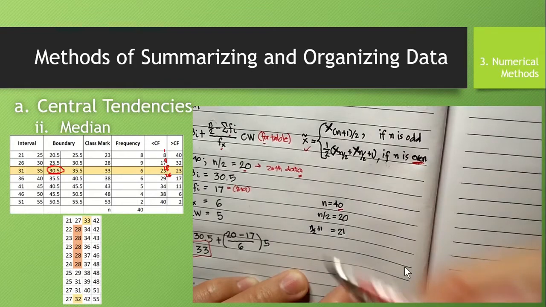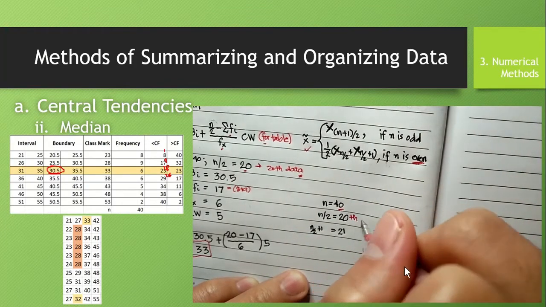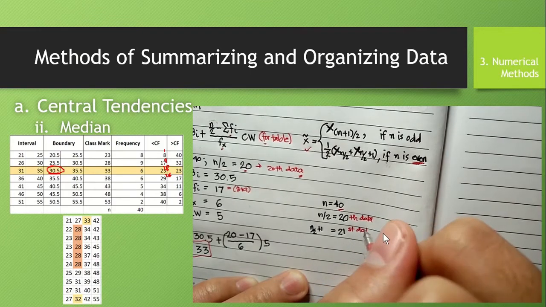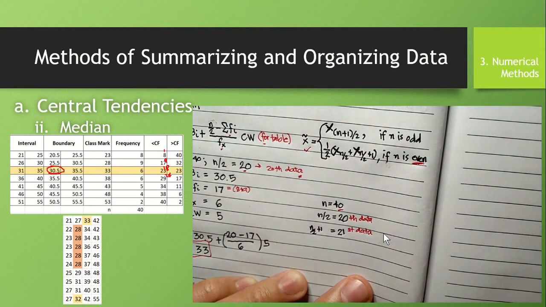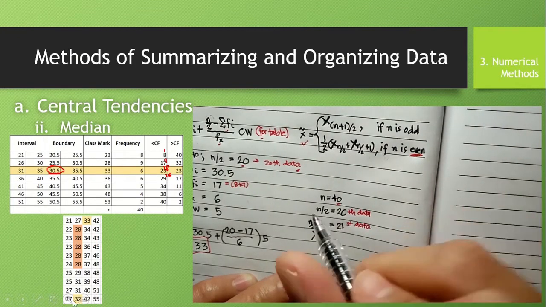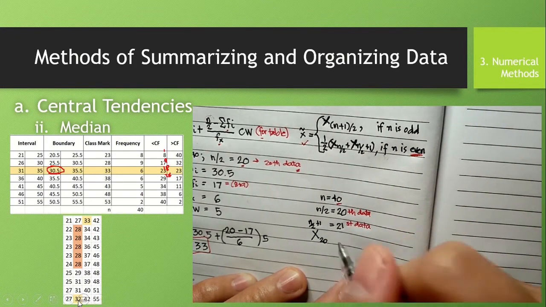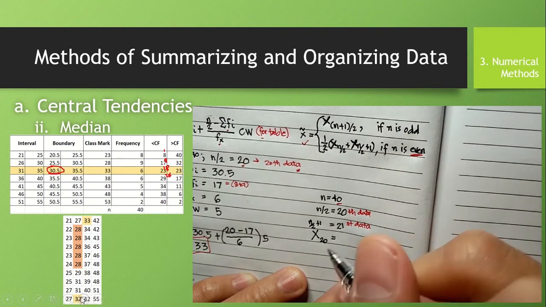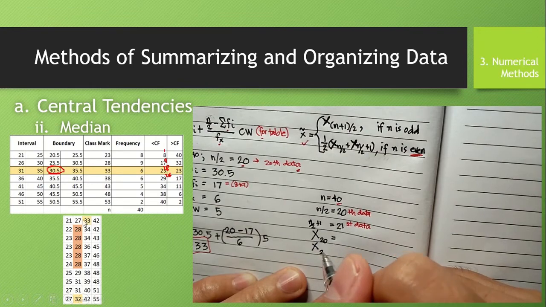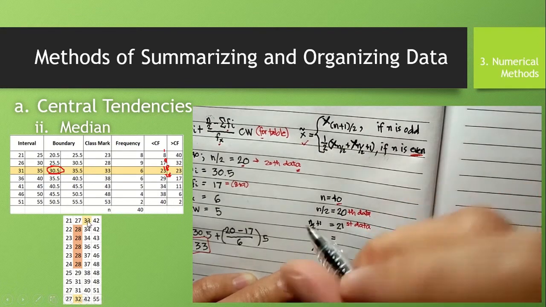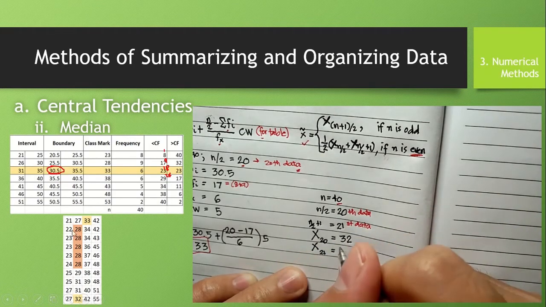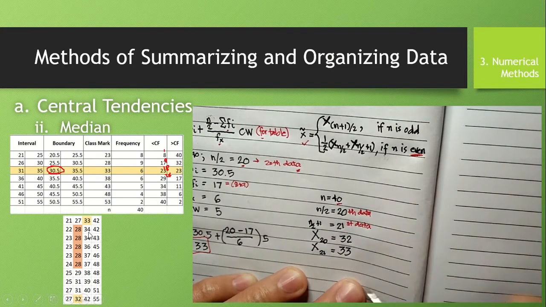This means that the median is located in between the 20th and the 21st data. If you check here, this is our 20th data. x sub 20 is 32, and x sub 21 is 33. You have to remember that in order for us to get the median, we have to sort the data first.